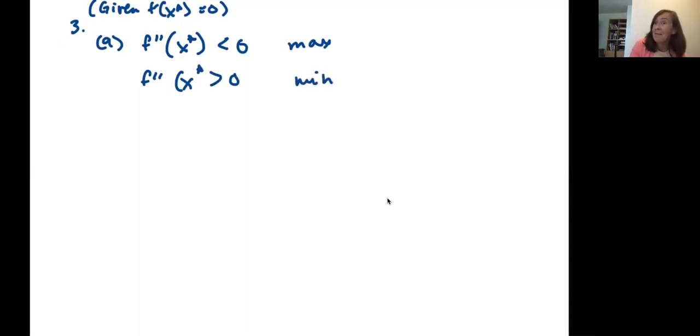Okay, the limitation with this method is that if the second derivative at that critical point equals 0, it's inconclusive.